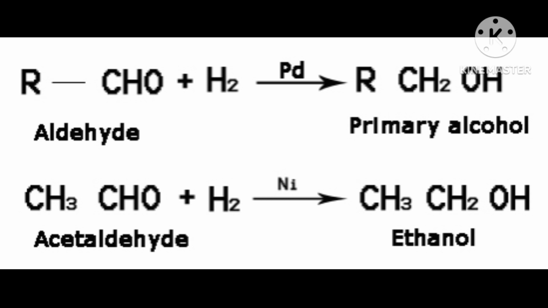Aldehydes yield primary alcohols, whereas ketones give secondary alcohols. The reaction is very simple.